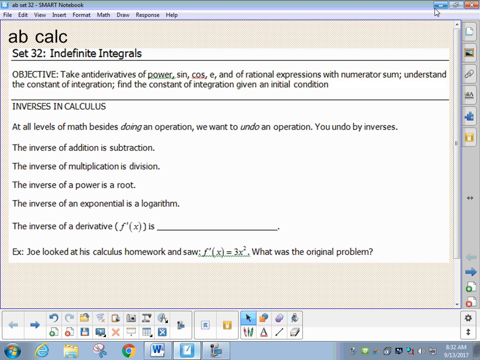Today, the inverse of taking a derivative is, you could call it one of two things, vocabulary-wise. Either an antiderivative, pretty obvious name, or an indefinite integral.